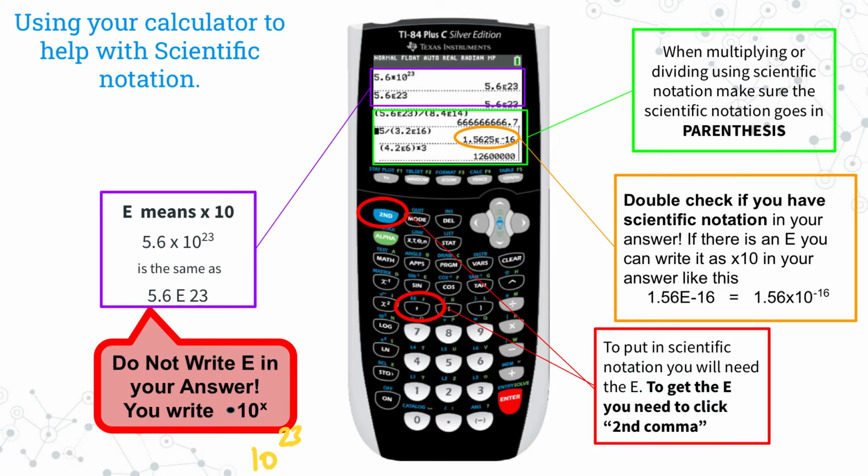To put a number into scientific notation, you need to use the E. You hit the second button and then the comma, so second comma gives that EE. To put 5.6 times 10 to the 23rd in, you would write 5.6, second comma, and then 23.